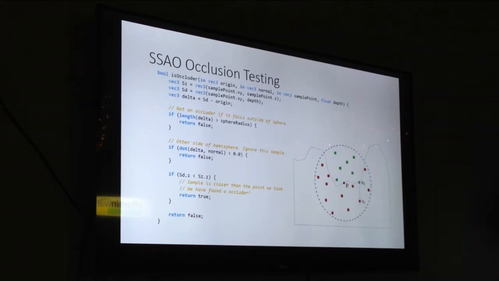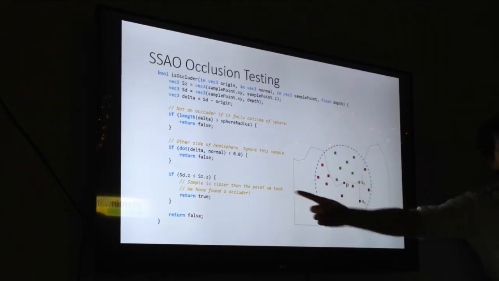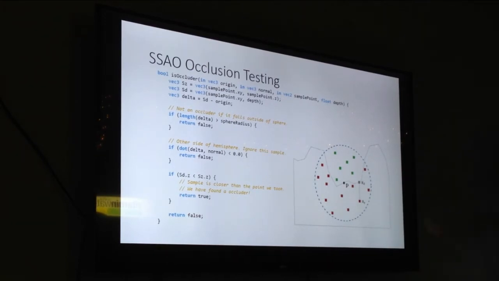We found an occluder. If it's this other case, we expect the sample point Z value to be here, but in actual fact when we read the depth buffer, the depth gives us here. Then it is behind our expected value, and we found a green point. Does this make sense? So that's that third check. Otherwise, classify as red.